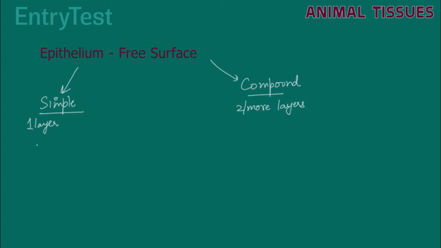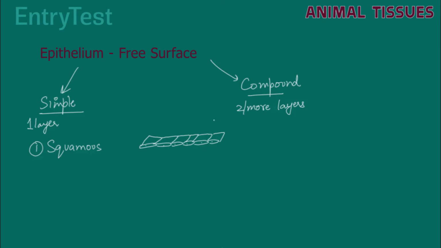We have the first one, which is squamous. So as the name suggests, the cells are flattened, and as you can see, there is very less intercellular space between these cells. So that is an example of a squamous epithelium.